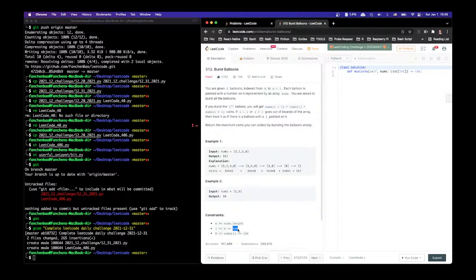We already know what result 2 balloons will get, right? So we can just try to burst all of them. We burst the first one, we get a result. We burst the second one, we get a result. We burst the third one, we get a result. Now, will it always be good? That's not likely.